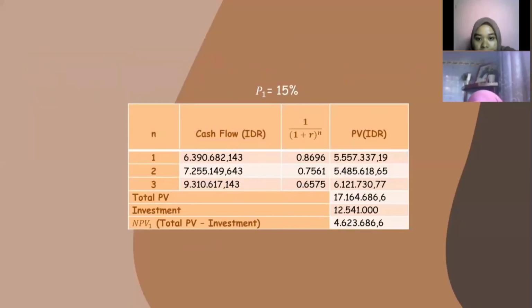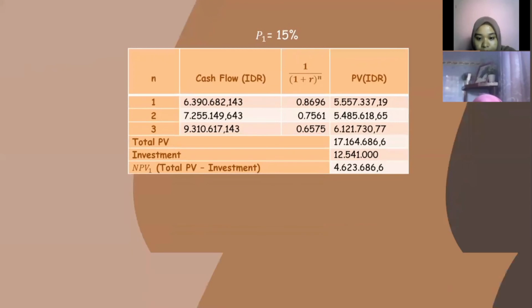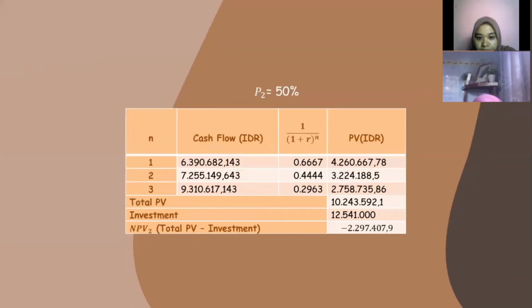From the first table, we have P1 50%. So we get NPV1 is 4,623,686,6. And then for the P2, we have the interest rate is 15%.